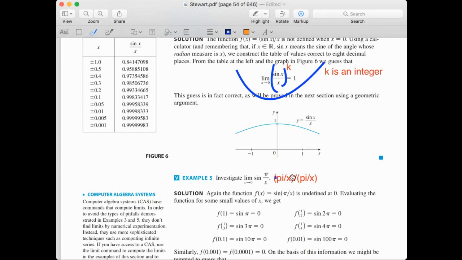This is 1, even though it's four layers of fraction. So we multiply pi over x divided by pi over x because we want to use this identity. We have sine pi over x now divided by pi over x. Actually, it won't help much. Let me see the question somewhere in the typing.